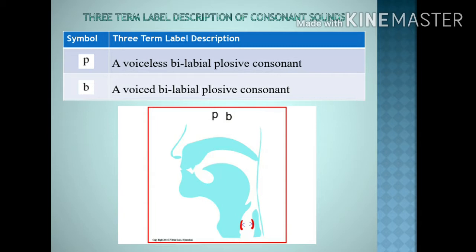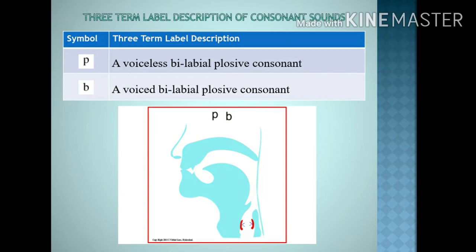Label number two, you need to identify the place of articulation, meaning where the articulation actually takes place. That is bilabial. Bi means two, labial means lips. It means at the closure of the lower and upper lip, that particular production is taking place. So it is called a bilabial sound. And since there is a considerable explosion of air, it is called a plosive sound.